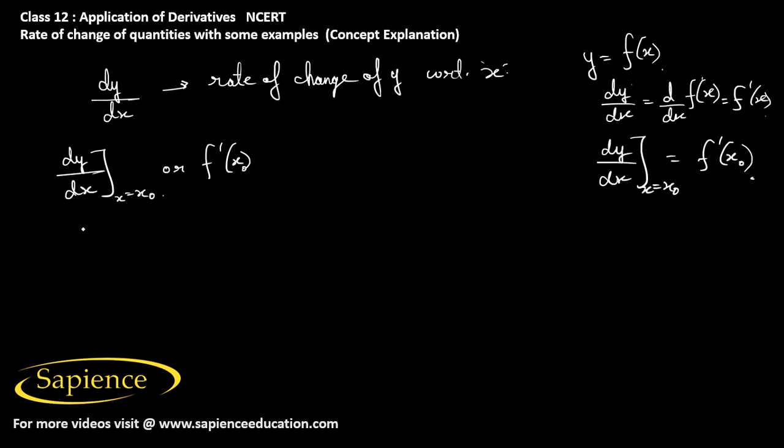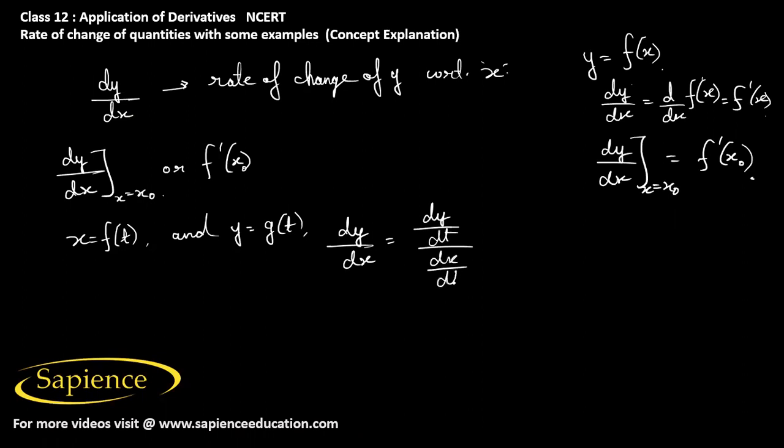Also suppose we have x as a function of t, f of t, and y as g of t. Then to find dy by dx, we can write it as dy by dt divided by dx by dt, if dx by dt is not equal to 0.